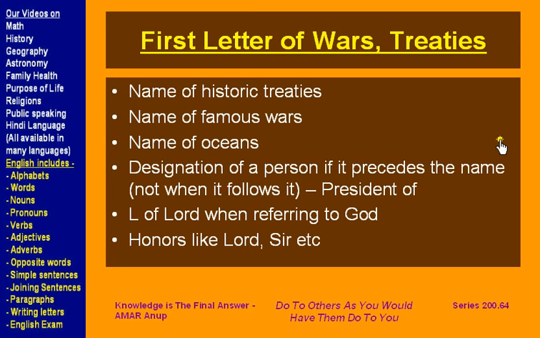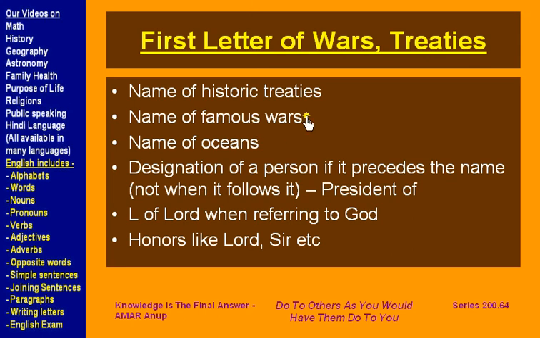First letter of wars or treaties is also capitalized. Names of historic treaties like NATO are capitalized. Warsaw Pact is capitalized. We will see these examples later in part 2 of the presentation.